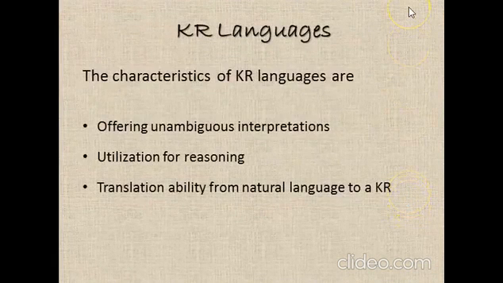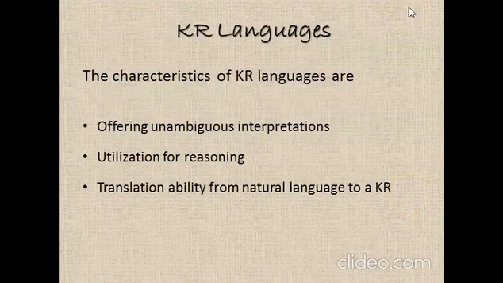And the characteristics of knowledge representation languages are, they offer unambiguous interpretations. The knowledge we acquire will be undoubtful. Then they are utilized for reasoning, so they are used for reasoning purposes.